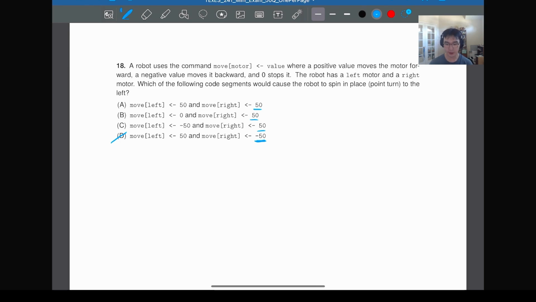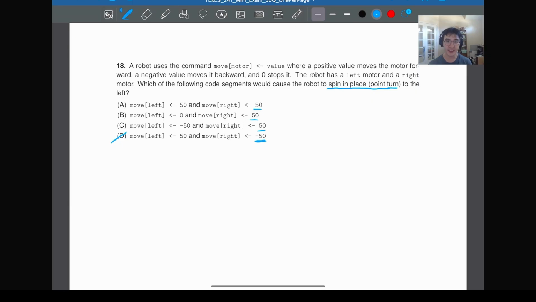Now, we want it turning in place, spinning in place. So if the right side is going forward and we want it to turn in place, what must the left side be doing? Imagine it's just staying still. Imagine the left side is going forward. And now imagine the left side is going backward. Which one is it that we want in this case?